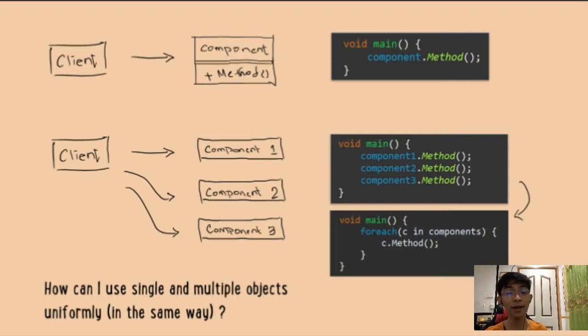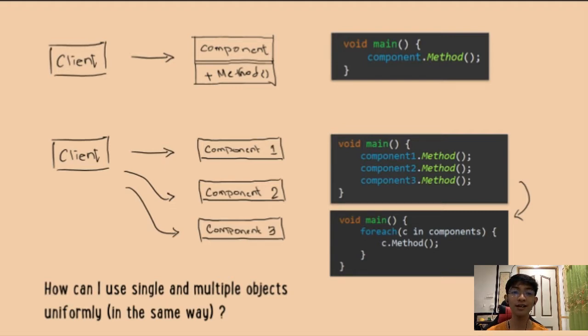As a quick recap, maaalala natin na kung gustong i-access ng isang client or ng isang programmer ang isang method mula sa isang component, ang usual na ginagawa ay tatawagin niya lang yung method na yun from that component using the dot syntax. Sa parang paraan, kung mas maraming component, tatawagin niya lang yung method from each corresponding component independently, wherein nakita rin natin na mas madali kung gagamit tayo ng recursion.